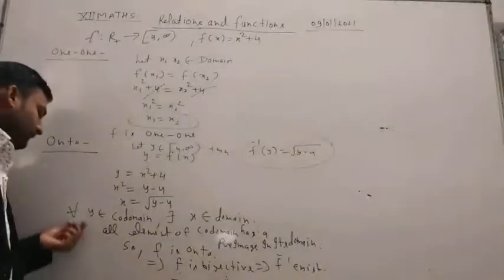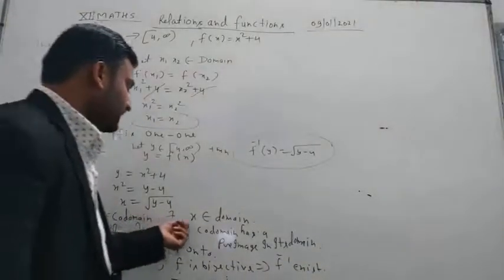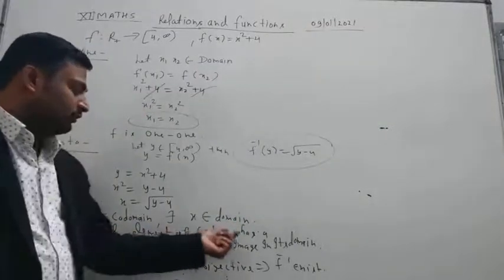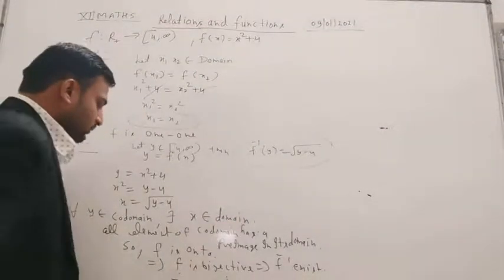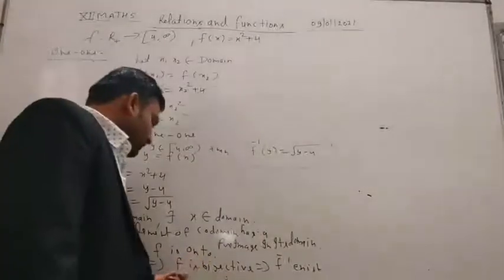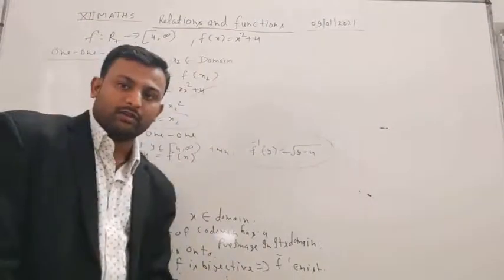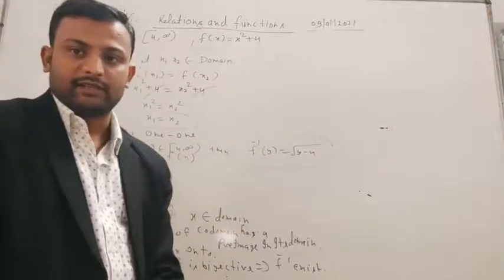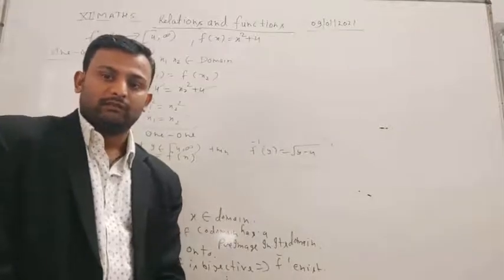So for all y belonging to the codomain, there exists an x belonging to the domain. That is, all elements of the codomain have a pre-image in its domain. So our function is an onto function. So this implies the function is bijective. Hence we can say that f inverse exists and the function is an invertible function.